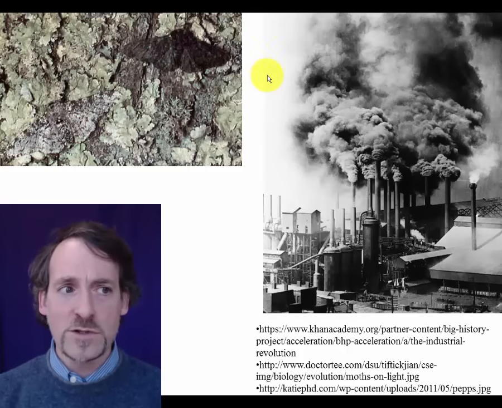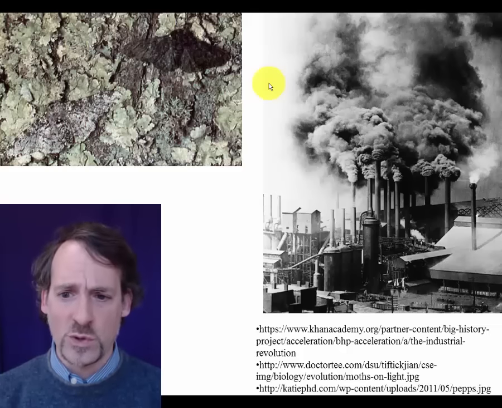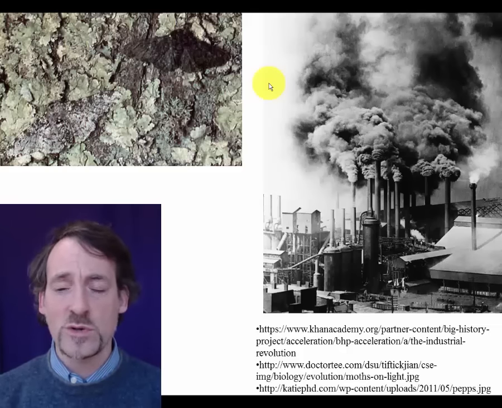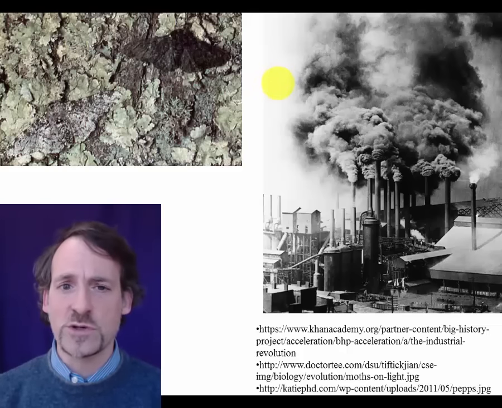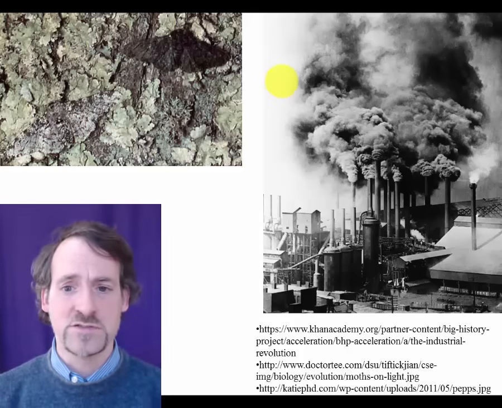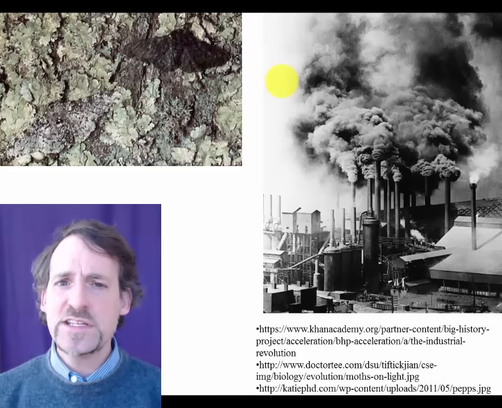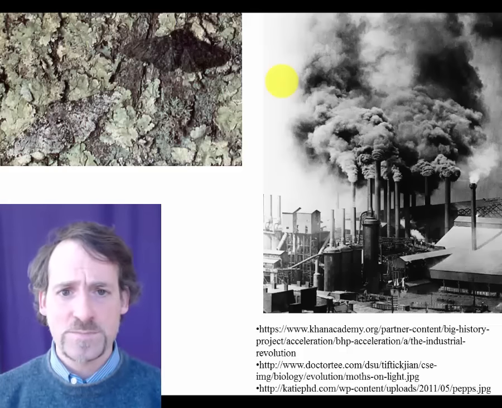The Industrial Revolution brought into being a tremendous number of factories that ran on coal. And as you can see in this picture, coal is not a clean burning fuel. Enormous amounts of soot were belched out of the smokestacks of London and other industrial centers in England during the Industrial Revolution, and it really changed the way that the forest looked.